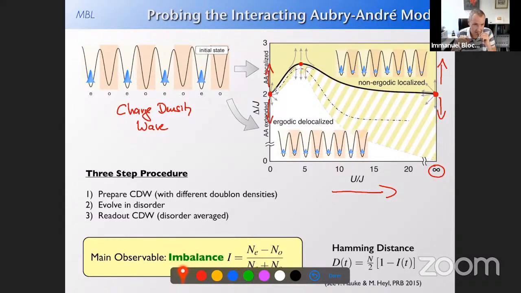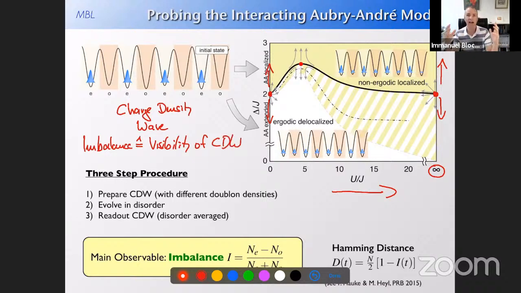Okay, how do I probe the system? I probe the system through measuring the so-called imbalance. The imbalance is kind of the visibility of the charge density wave.